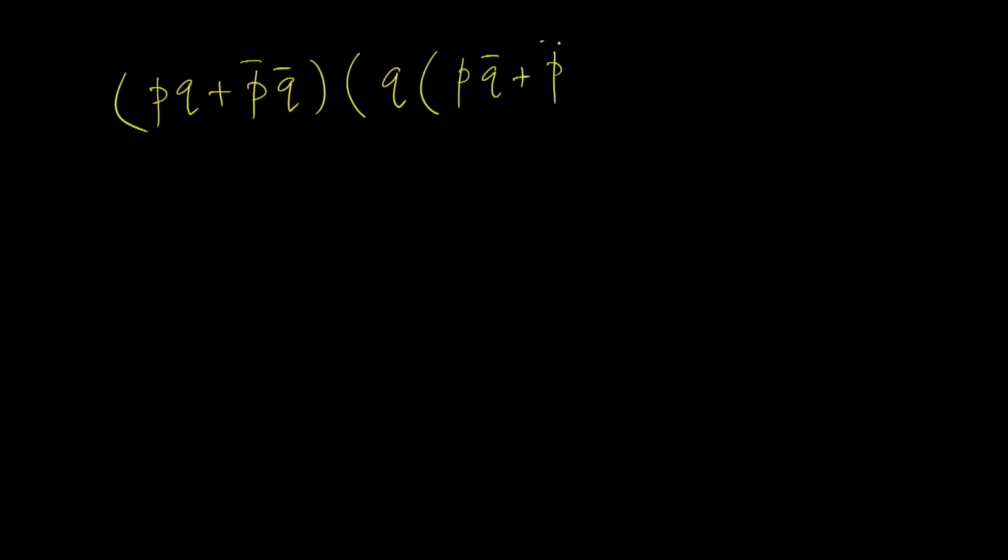Now P if and only if Q can be written using AND, OR and NOT in this manner. This is true if and only if both have the same logical value, which is possible if both are true or both are false. On the other hand, if Q is true, then this will have to be true.